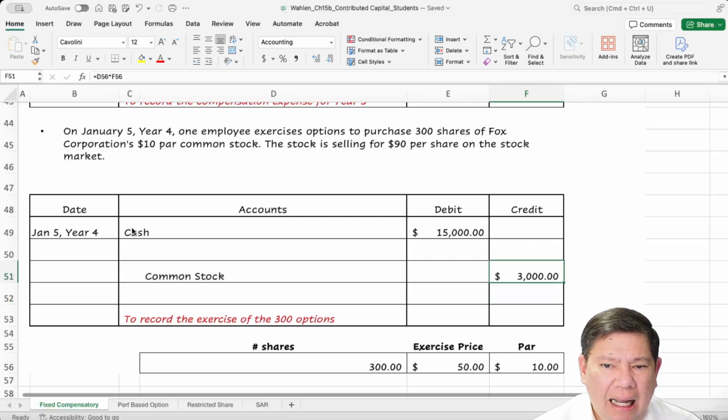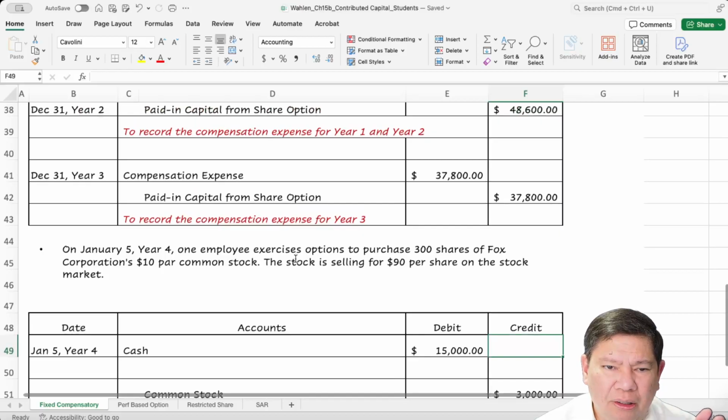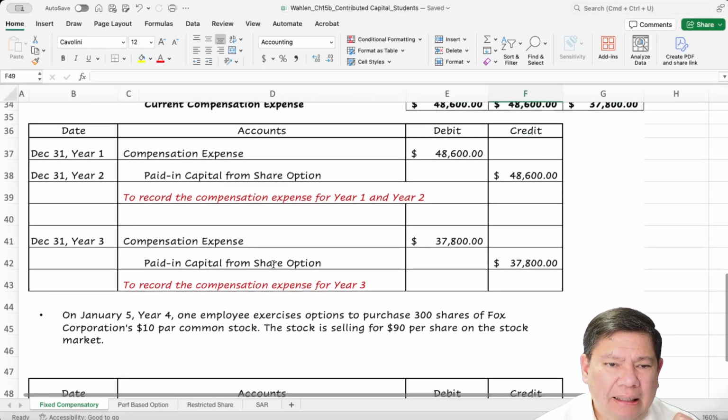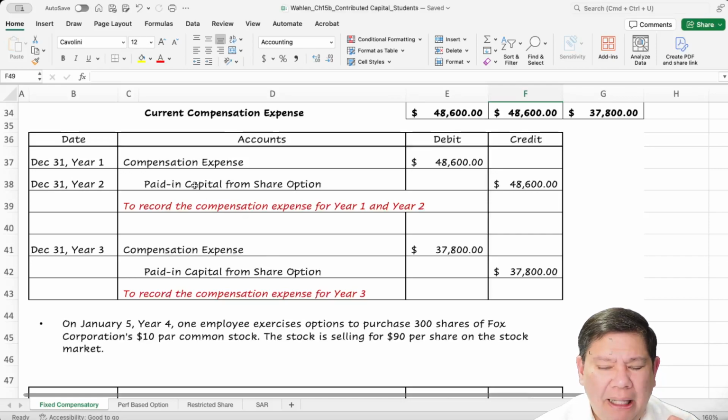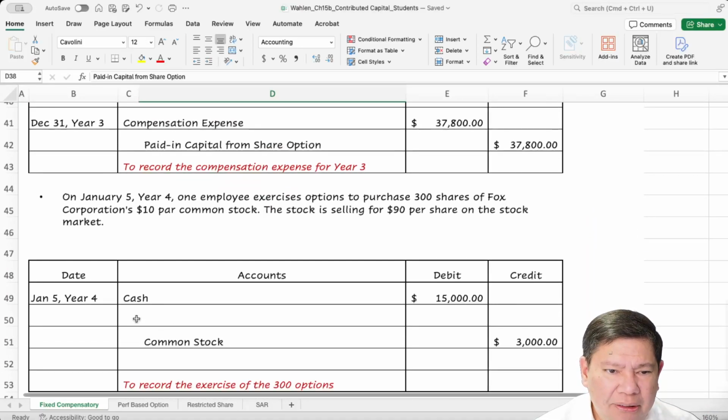And then because these options have been exercised, the paid-in capital from share option, $18 each, must be taken out for those 300 shares.